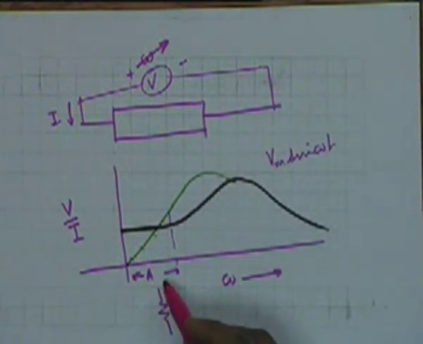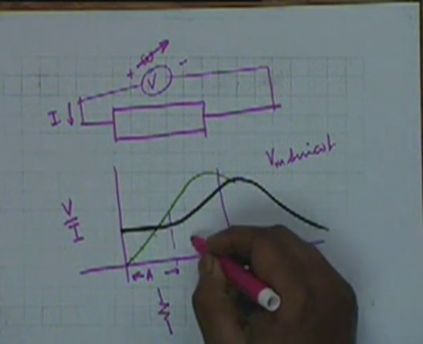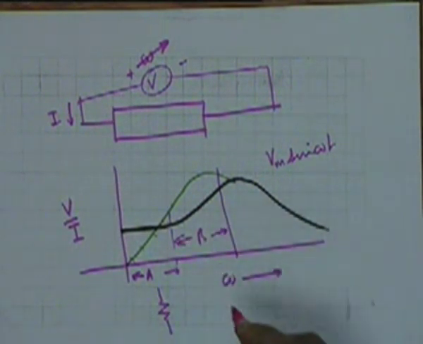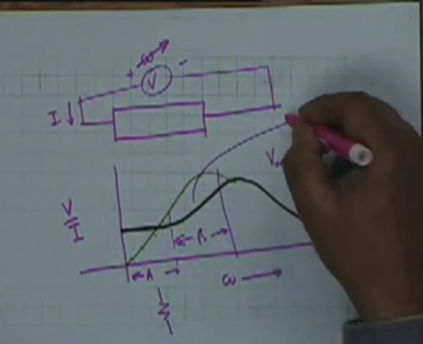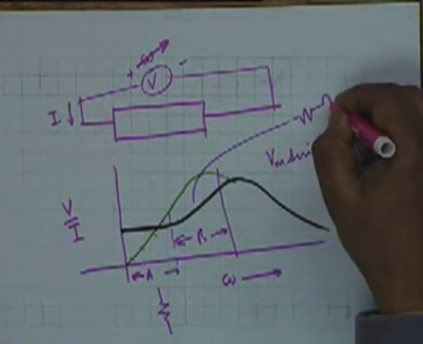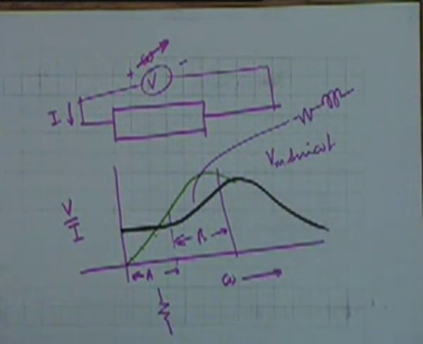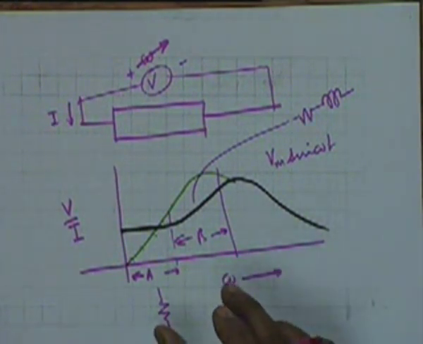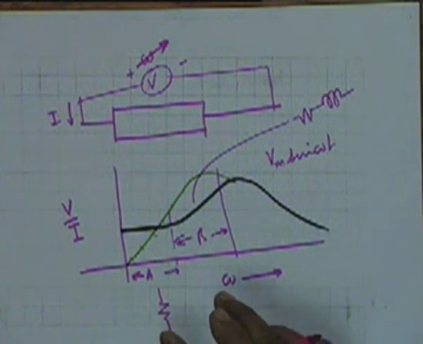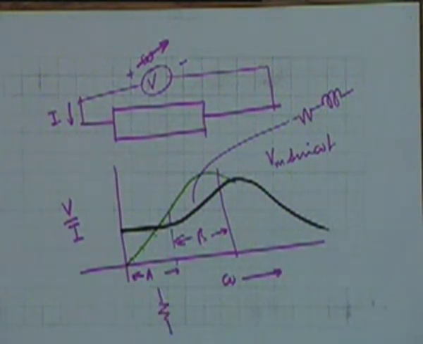in this range A. In this range B, let us say, the V by I increases with frequency, and as you shall see later, this part can be characterized by a resistance in series with an inductance. The impedance of an inductance, do not be worried about these terms, we shall define and explain later, but over a certain frequency range, a pure resistance model no longer suffices, we have to include an inductance.